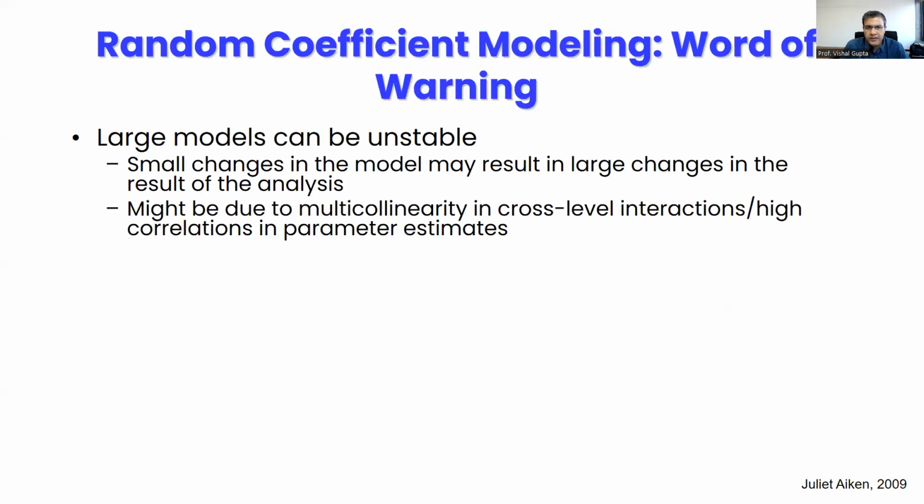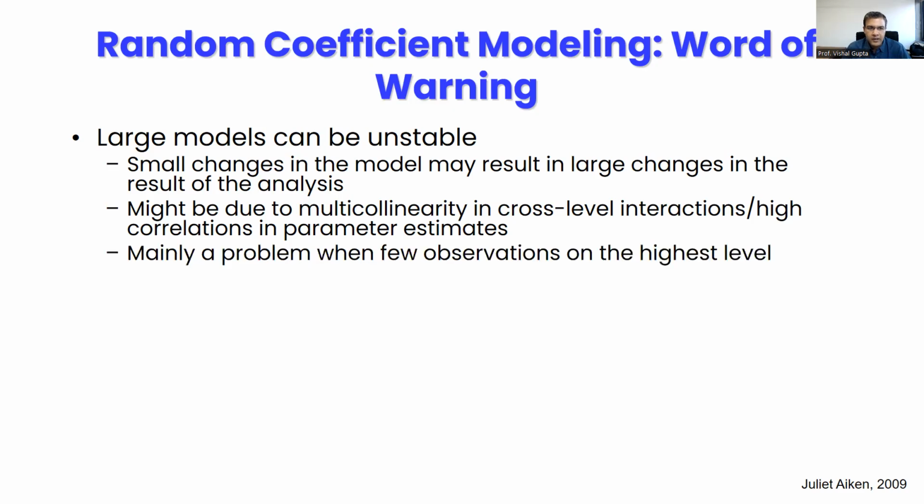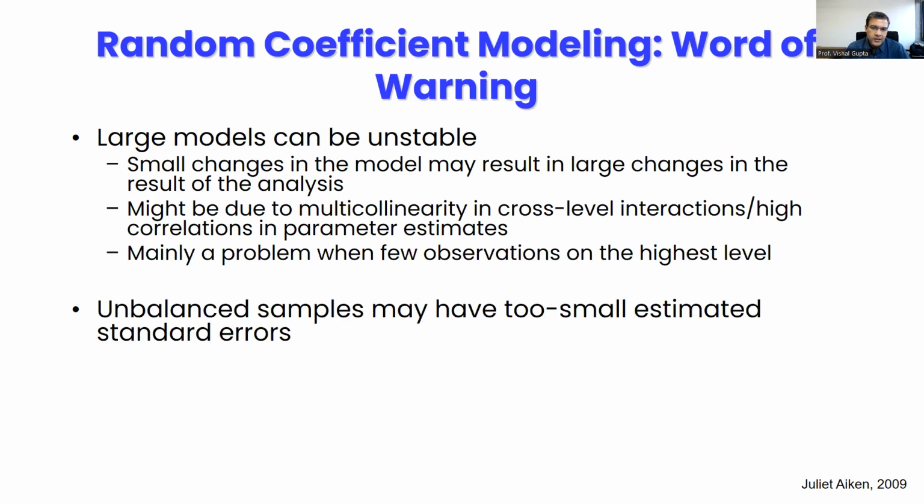Okay, so the last is, we have seen that random coefficient modeling, these multi-level models, are good, but as they become complex, you may face convergence issues. Especially we have seen SPSS fails at a lot of places when we were doing longitudinal analysis. In general, we said unbalanced samples are possible to handle, but if you have too much unbalanced data, you may not get significant effects.